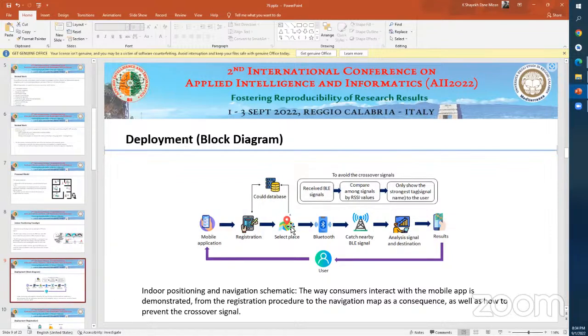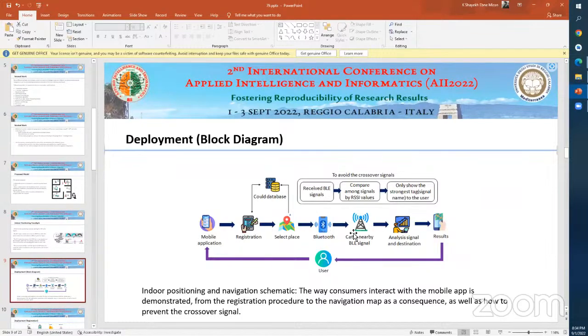After registration, the user will select the desired destination he or she wants to go to. After that, the app will catch the BLE signals, and according to the highest RSSI BLE signal, the next decision will be made.